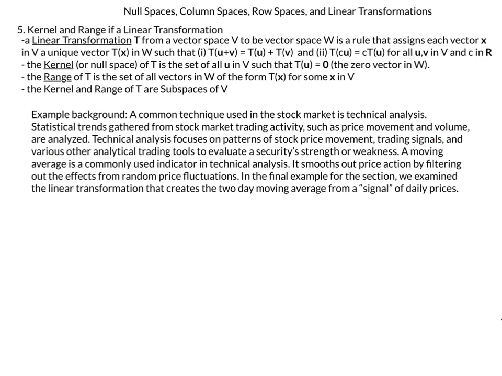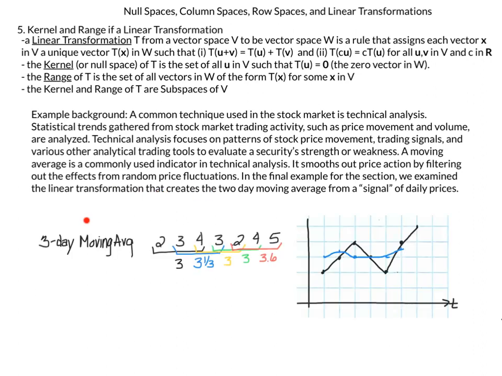A moving average is a commonly used indicator in technical analysis because it smooths out price action by filtering out the effects of random price fluctuations. In the final example for this section, we examine the linear transformation. And just a word about moving averages before we do our example.